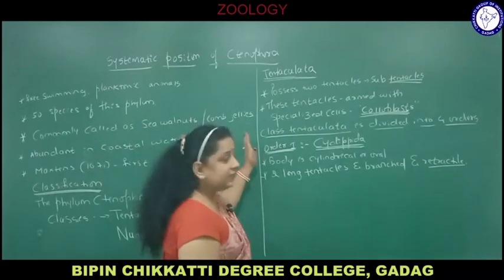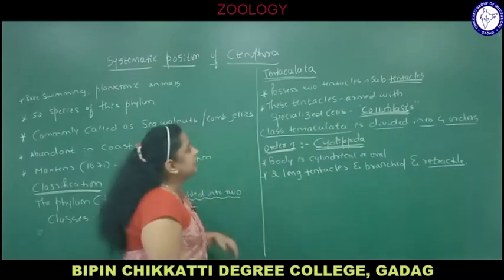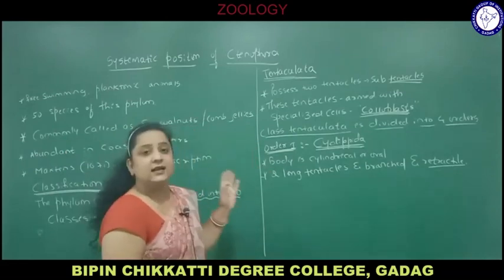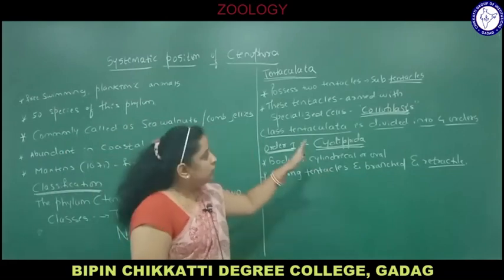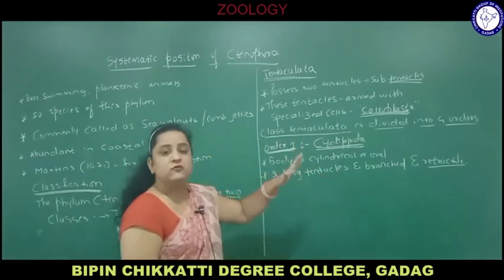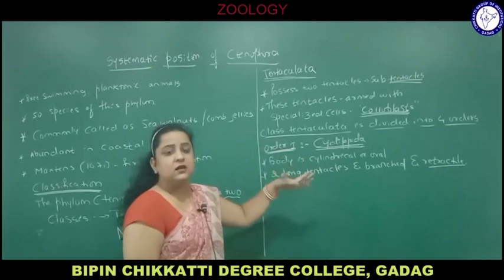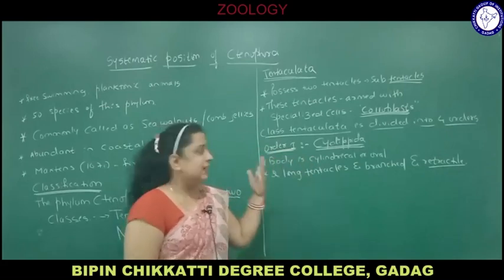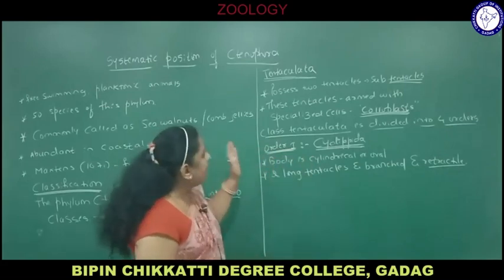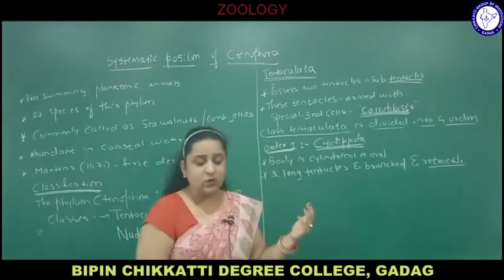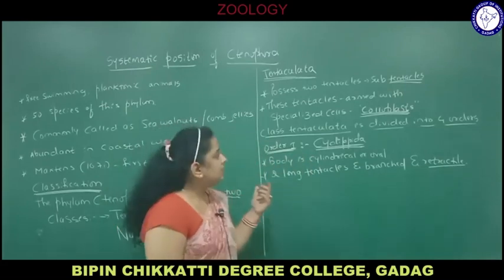Tentaculata means it possesses tentacles which in turn produce 2 sub-tentacles, and they are used for locomotion, food capturing, food gathering, protection from the prey, etc. These tentacles are armed with specialized cells called coloblasts.